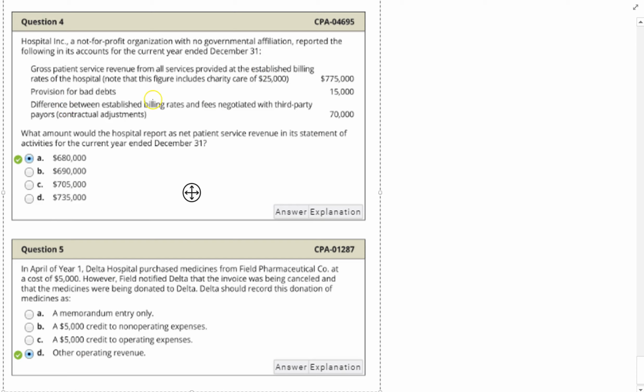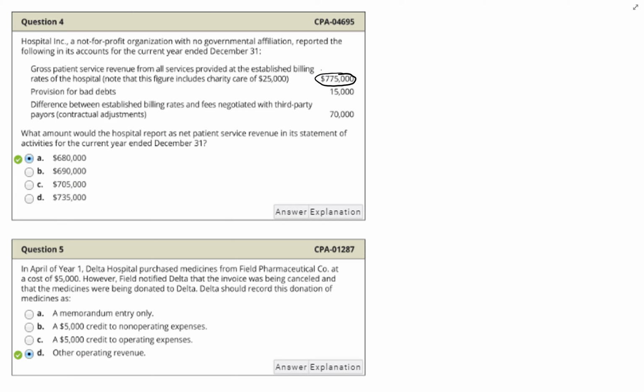Gross patient service revenues from all services provided at the established billing rates of the hospital. Note that this figure includes charity care of $25,000. So the total amount is $775,000. This is their gross patient service revenues from all services they provided this year, and out of that they have a charity care of $25,000.